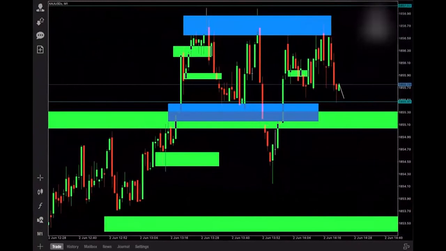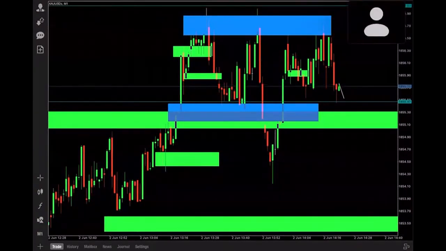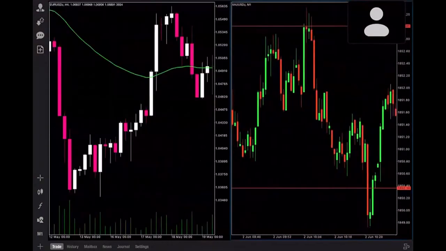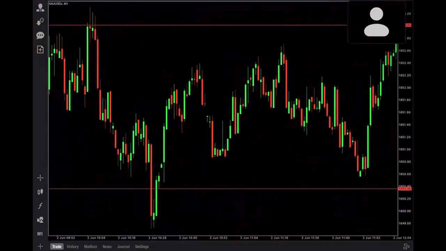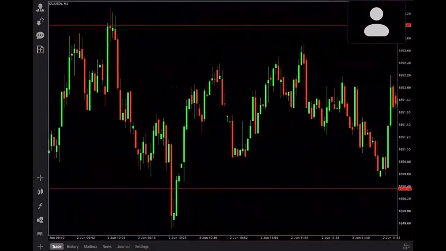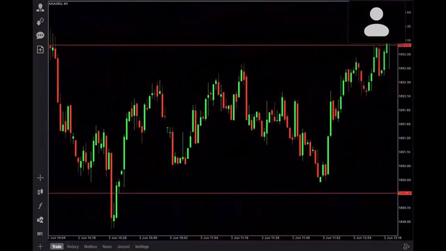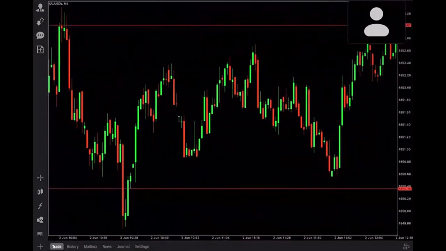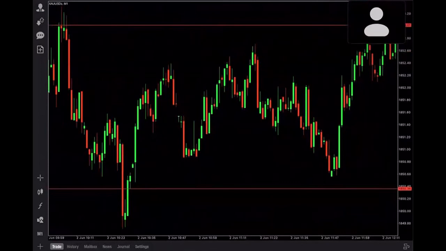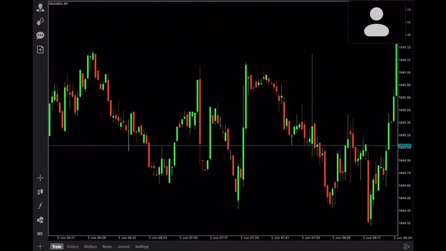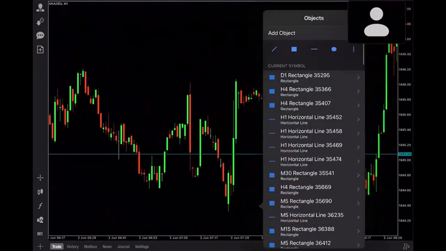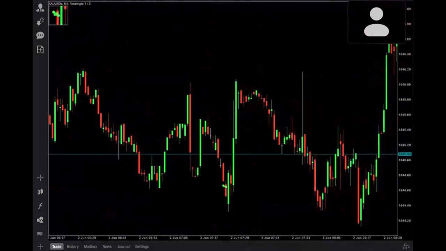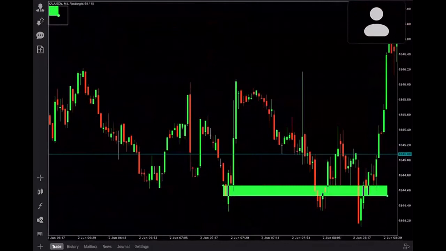For example, if we see here like this, this one is an engulfing buy, right?